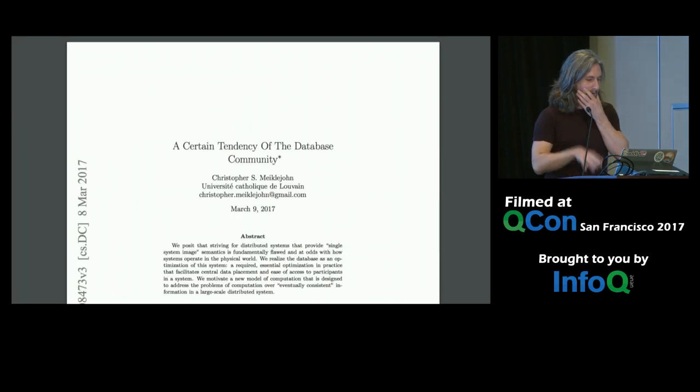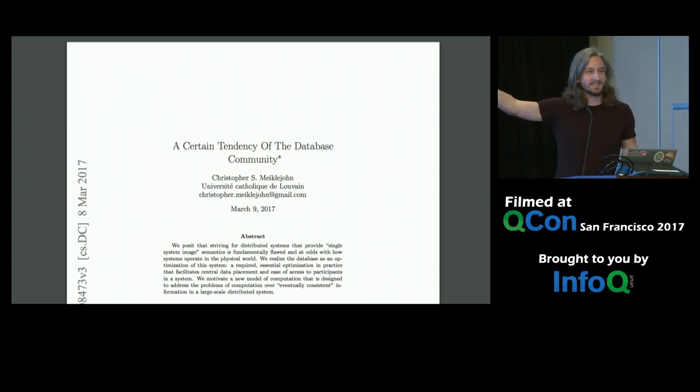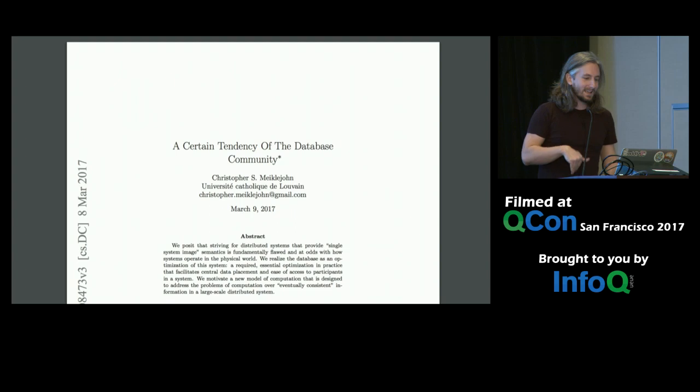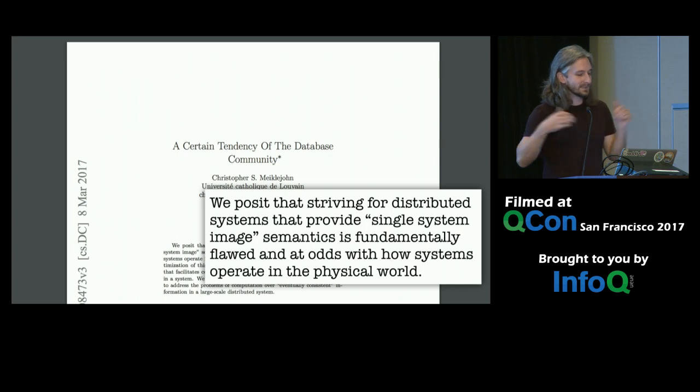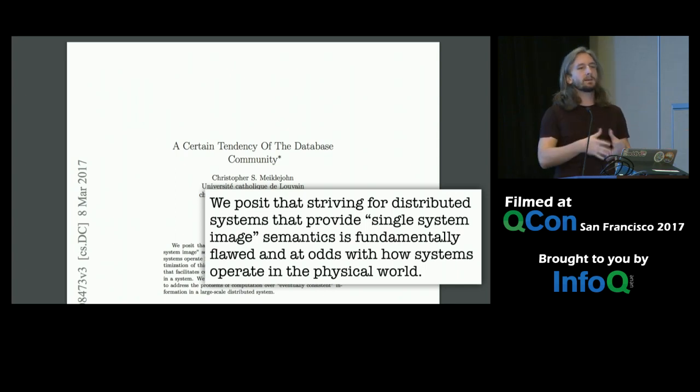So as I was preparing this talk, I was reminded that a friend had actually written an article specifically about this. It's called A Certain Tendency of the Database Community, which is the shadiest title I have ever seen in a talk. So what he says here is that we posit that striving for distributed systems that provide single system image semantics is fundamentally flawed and at odds with how systems operate in the real world.